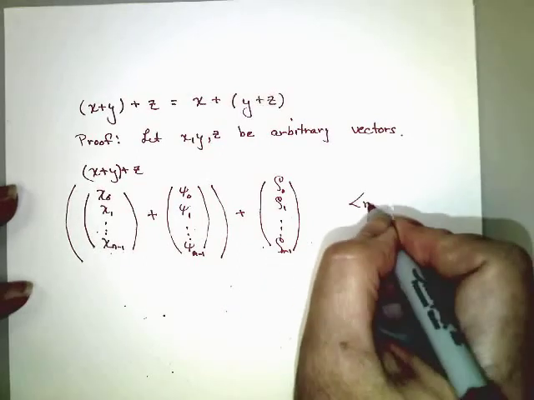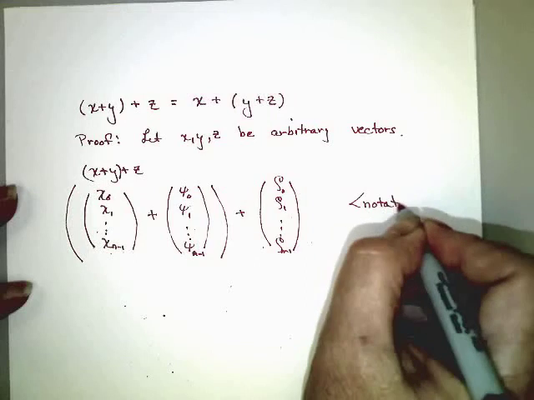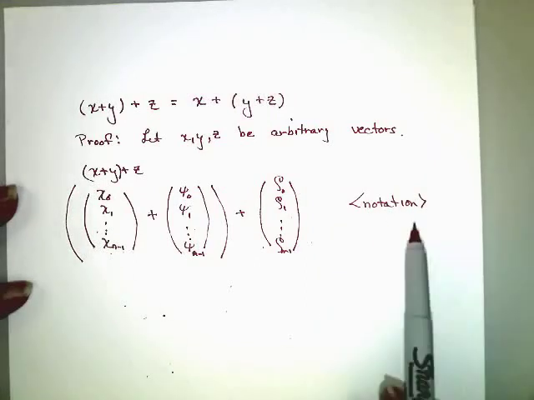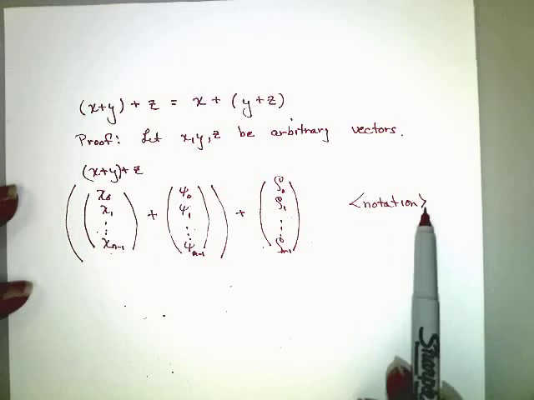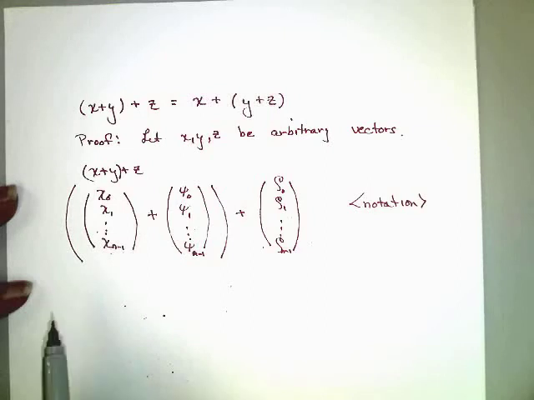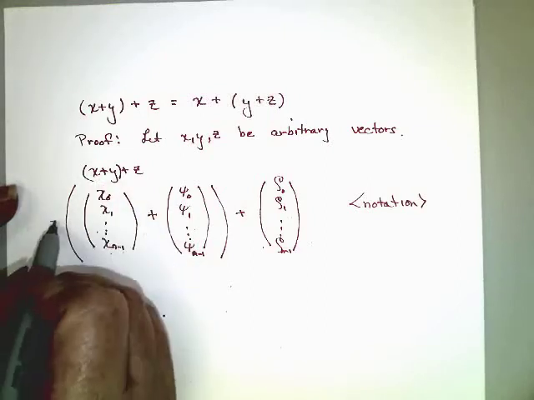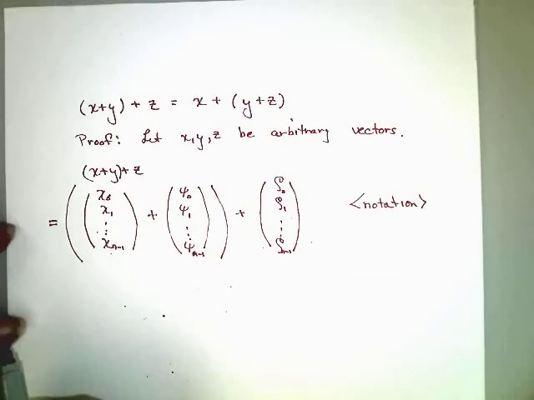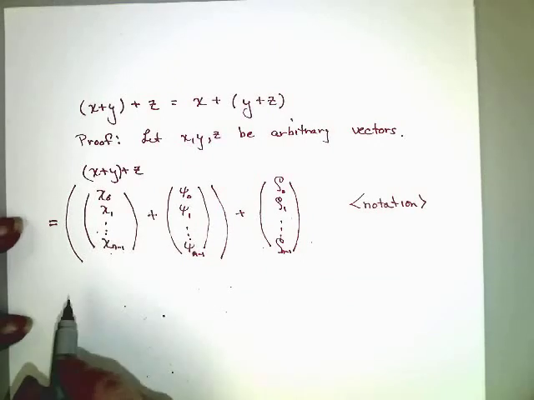All I'm doing is using vector notation. And as before, I'm going to write my thinking inside these little brackets for each step. So this is equal to this quantity just by notation.